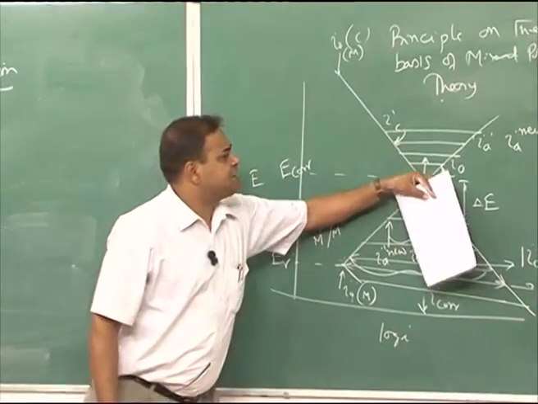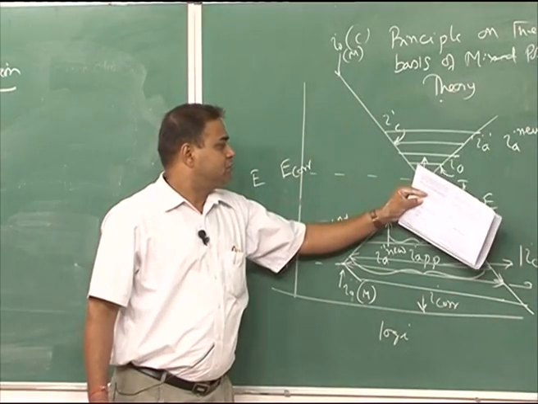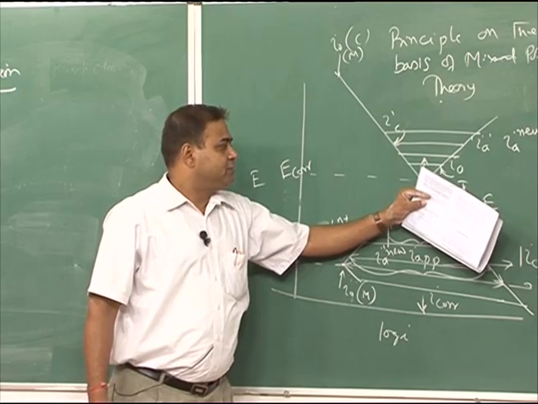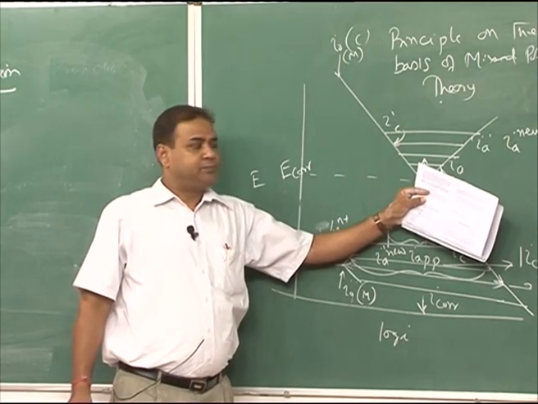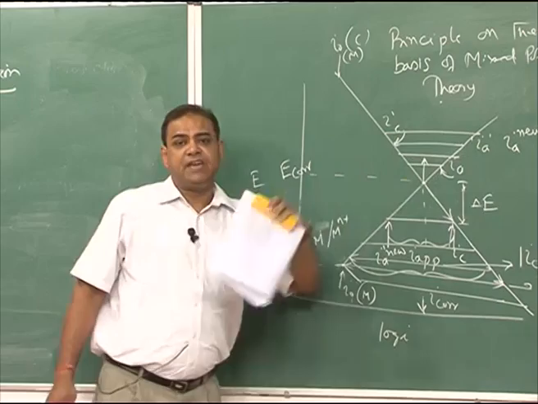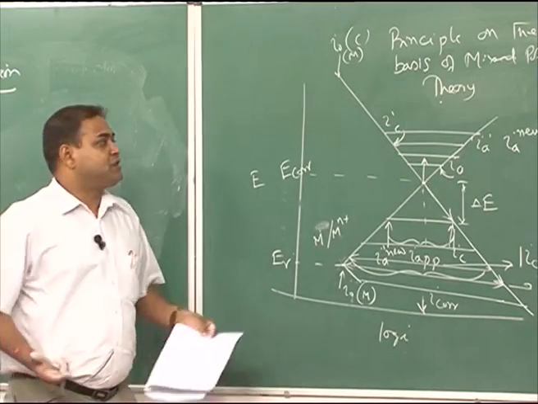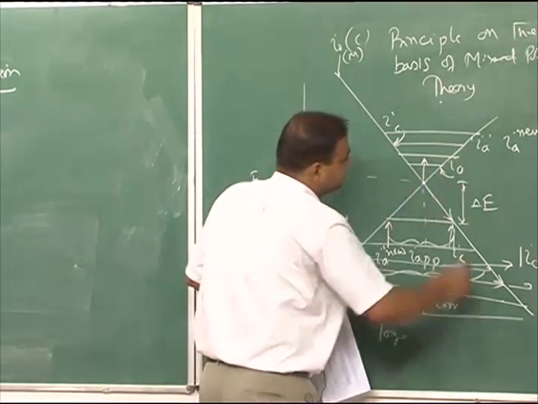IA will increase as we go towards the positive side from this E corr point. If we increase IA, that means we are not getting any protection; rather, we are increasing the corrosion rate of the metal.